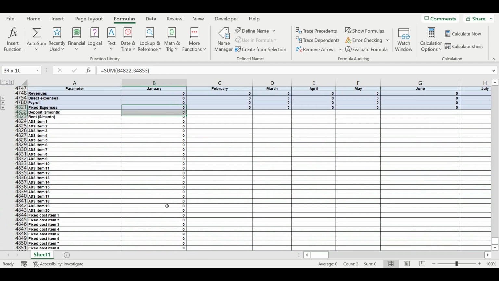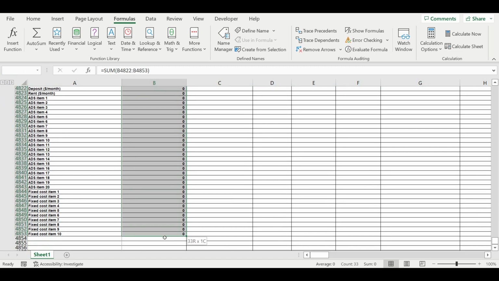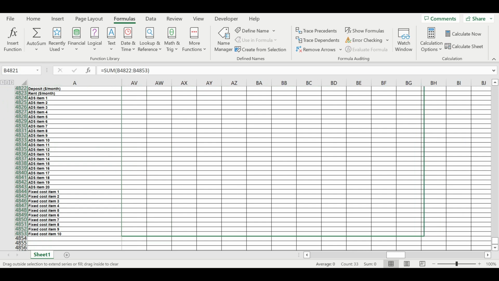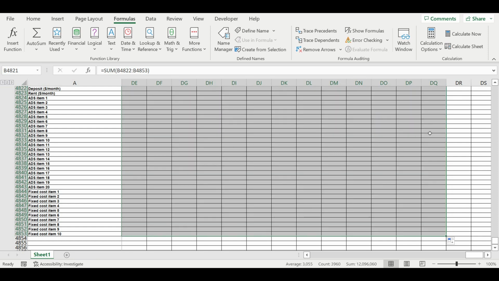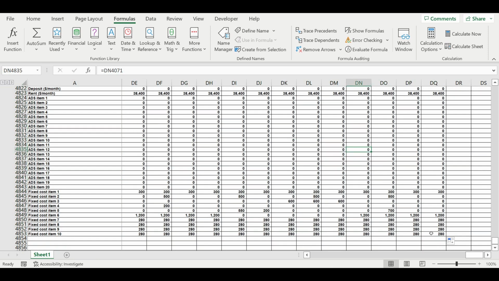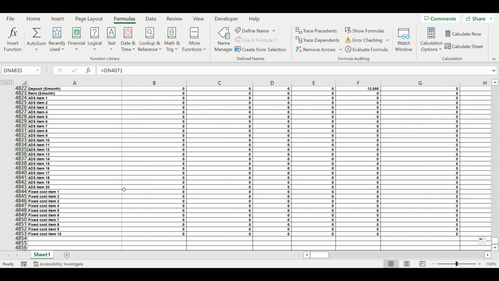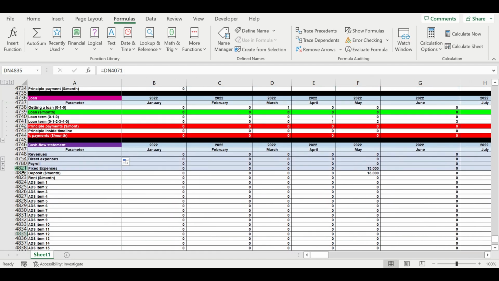So now we can move to taxes. First of all, we will extrapolate these formulas to the right. Then we are moving to taxes.